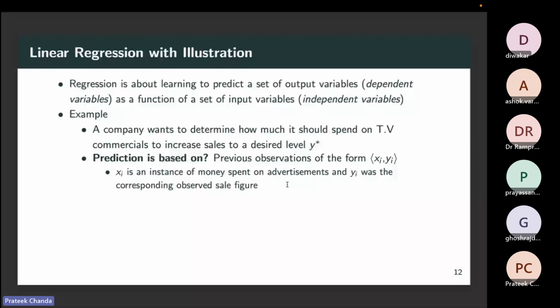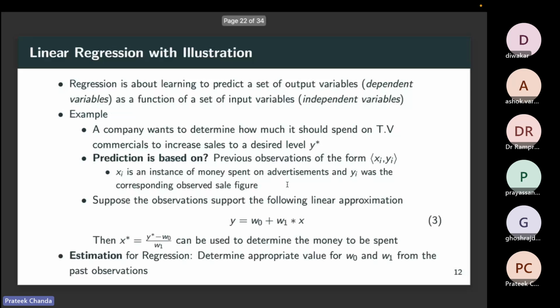And xi is an instance of money spent on advertisements, and yi is the corresponding sales figure. I have historical training data: if I spend this amount of money, I get this amount of sales. If I spend a larger amount of money, I get a good amount of sales. Now I want to predict for next year how much the company should spend, and what is the expectation of the sales they should get. So that's an application of a linear regression problem.